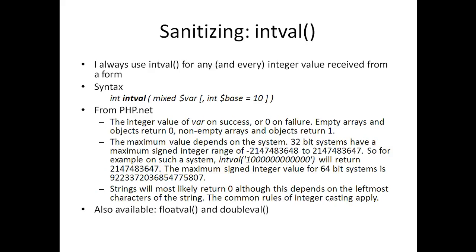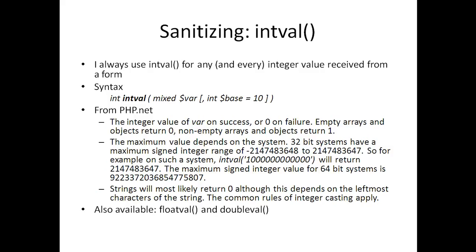So strings will most likely return 0, although this depends on the leftmost character of the string. Common rules for integer casting apply. The integer casting rules are on php.net. You probably don't need to read them, but basically, one of the ways that PHP will cast a string is if the first character of a string is an actual integer, you'll get that value back.